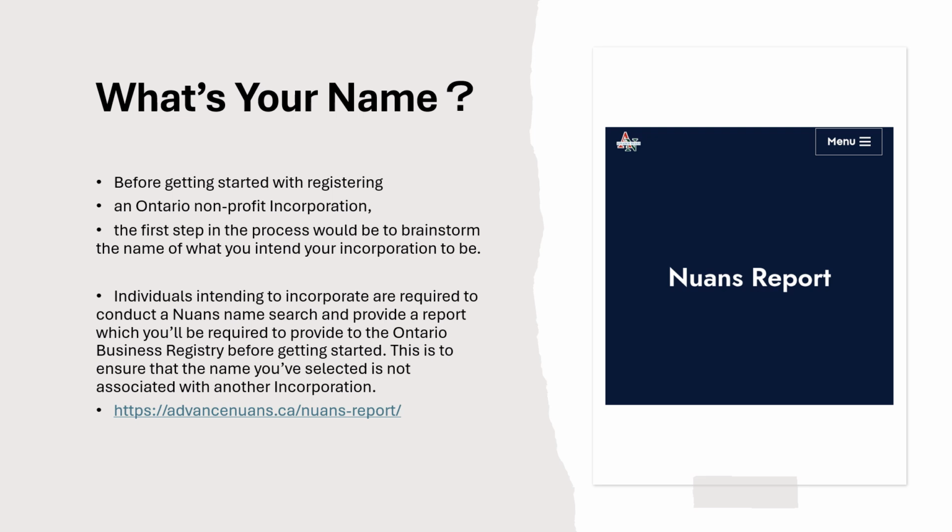After you do the report, you will be emailed whether the name is not taken already or not associated with any other nonprofit entity or incorporation in Ontario. You're going to be emailed a report, which you have to provide as part of the process of incorporating a nonprofit organization in Ontario. So that's advancednuance.ca.